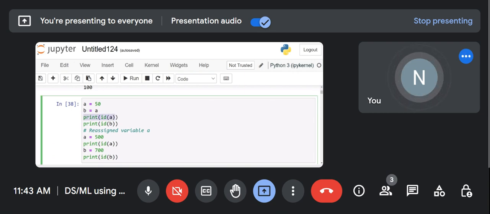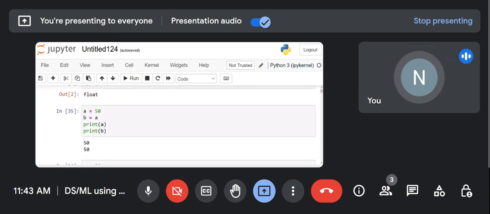Print id a and id b. What is this id going to do? Again, I just bring some twist here with the variables. I assigned a equal to 50, then I did b equal to a, the thing which I did above also.